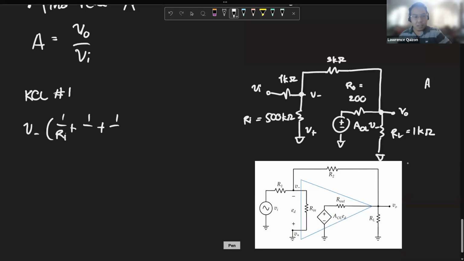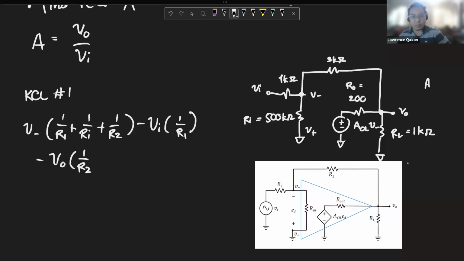So 1 over R in plus 1 over R1 plus 1 over R2, minus the contributions from V in and V out. That's V in times 1 over R1, minus V out times 1 over R2, is equal to 0.